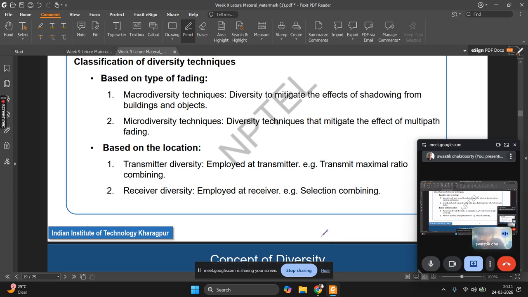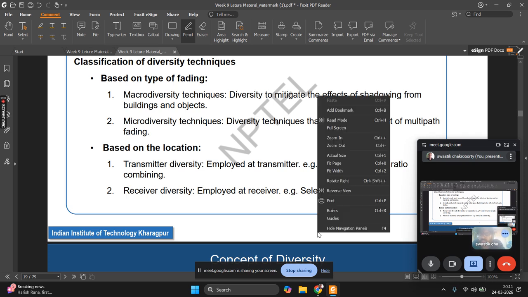So diversity is of two kinds. One is the macro diversity, where you are basically mitigating the effect of straight up blockages. Some paths might offer straight up blockage. In that case, you have to do macro diversity.